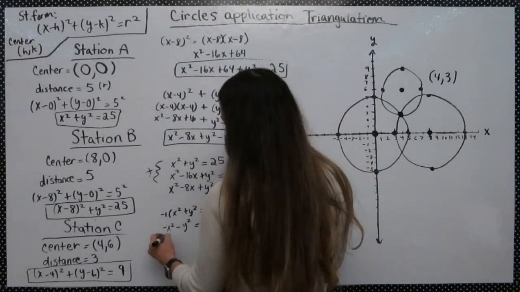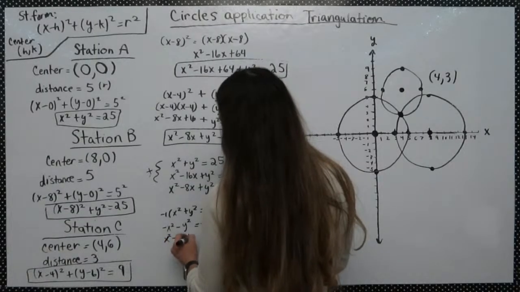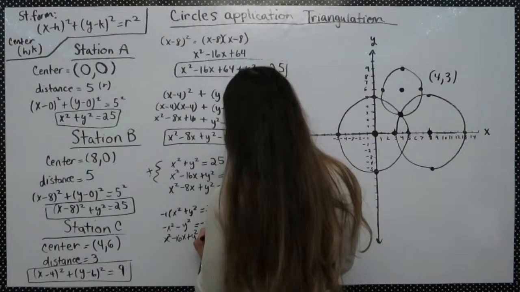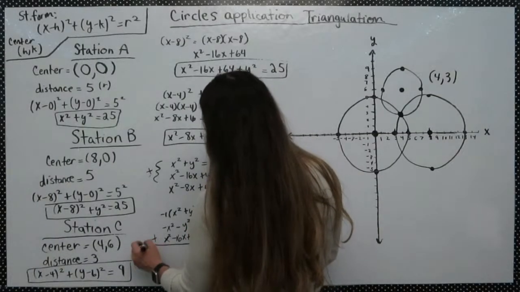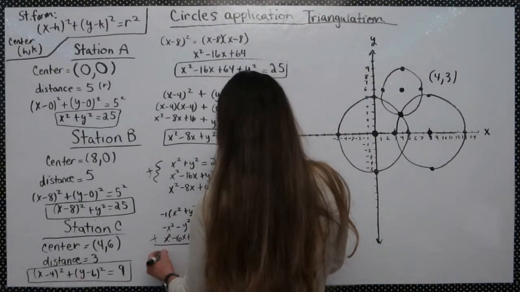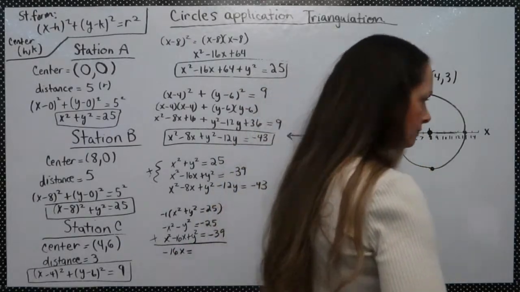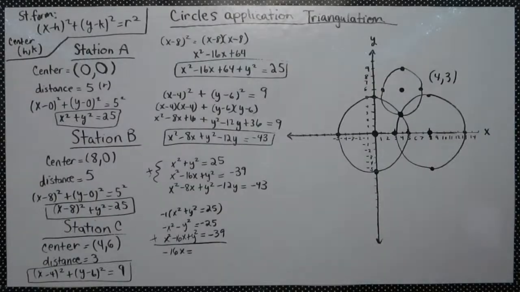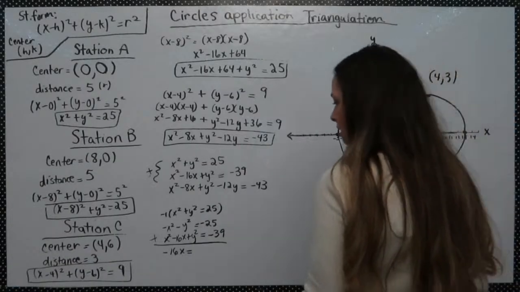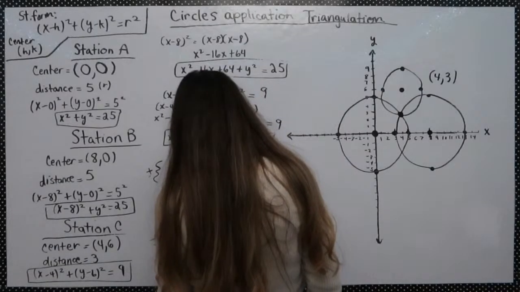So I'll say x² - 16x + y² = -39. Add them together. So your x² will cancel, your y² will cancel, you'll get -16x. And we're going to add those together: 25 plus 39. What is 25 plus 39? 64. I think that goes evenly. -64, divided by -16.